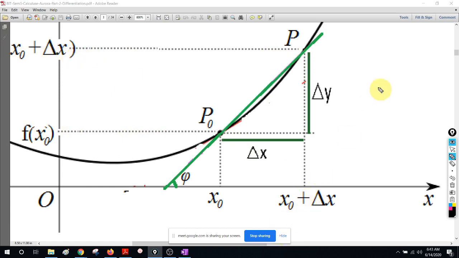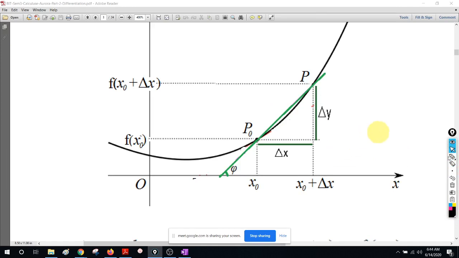Now I can find this delta y as f(x naught plus delta x) minus f(x naught), because this is the height difference. So let's write it. I will just zoom out a little bit. Okay, right.